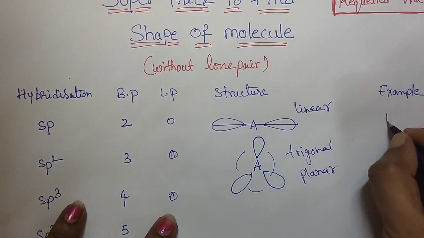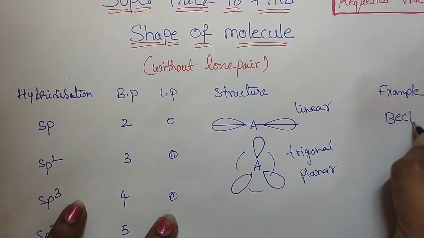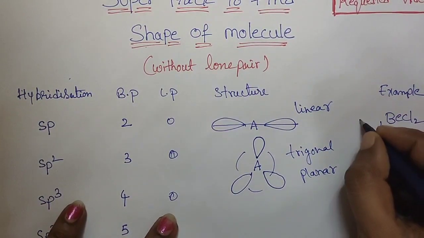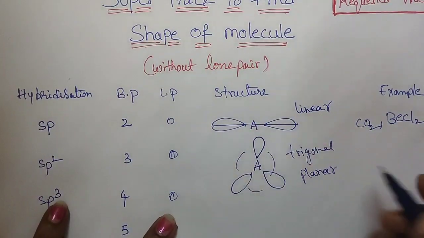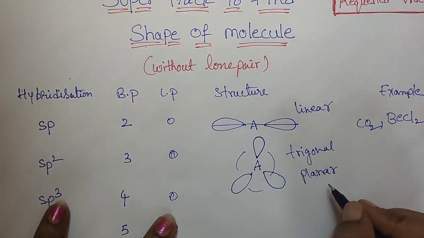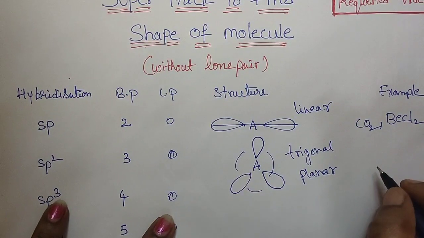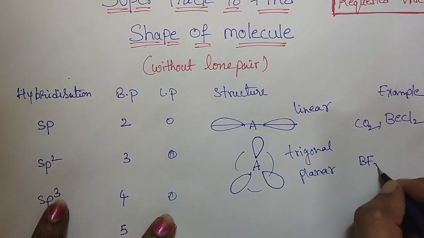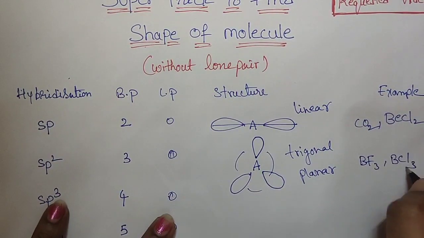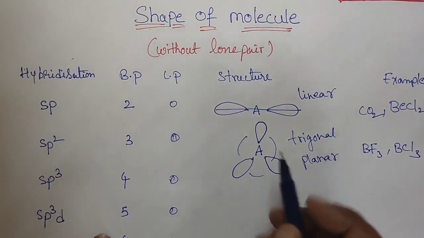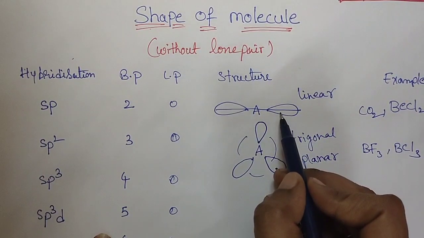For sp hybridization, the best examples are beryllium chloride, BeCl2, and CO2. For trigonal planar, BF3 and BCl3 are the best examples. This is sp2 hybridization and that is sp hybridization.